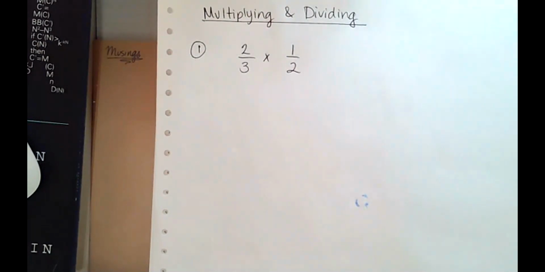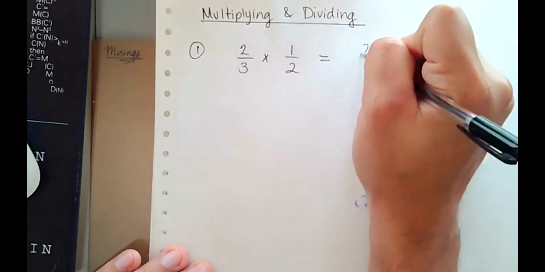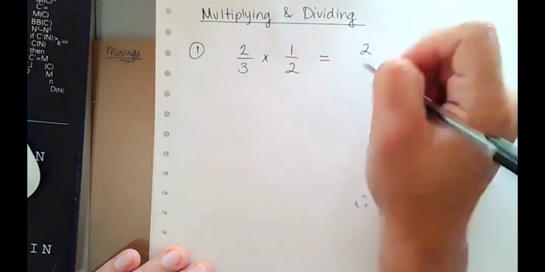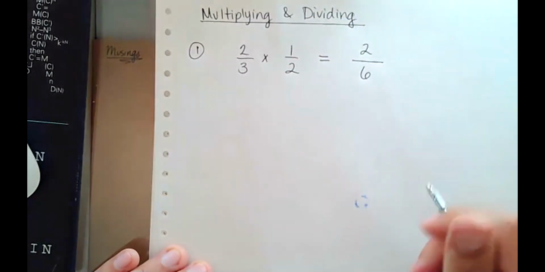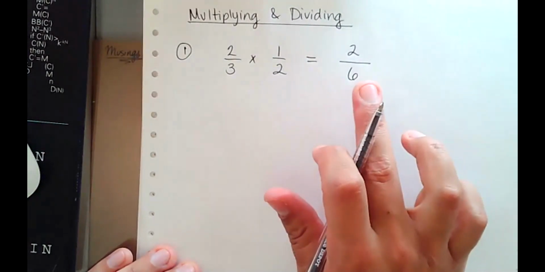A lot of times students will get confused and say, don't we have to get common denominators, because they vaguely remember something about common denominators from their grade school math classes. But with multiplying fractions, you don't have to worry about common denominators at all. We're going to get 2 times 1 is 2. 3 times 2 is 6. I'm going to leave this alone for now.